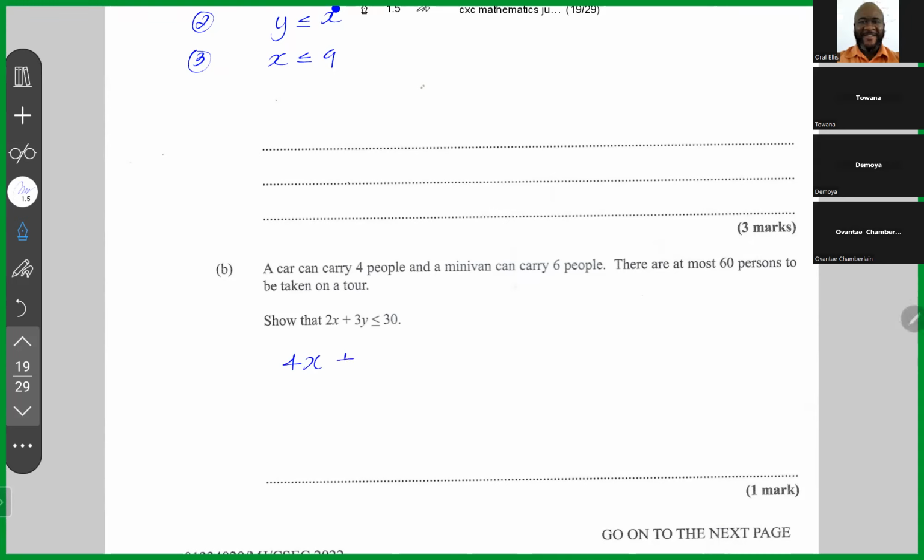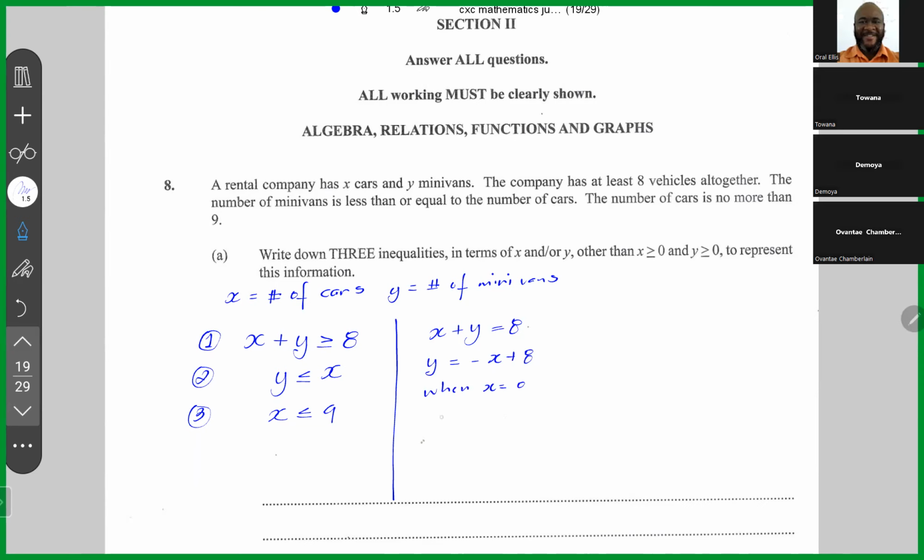If I want, I could say y is equal to minus x plus 8. When x is equal to 0, y would be equal to 0 plus 8, which is 8. So this is 1 point on the line, 0, 8. Remember, I need 2 points to draw a straight line.